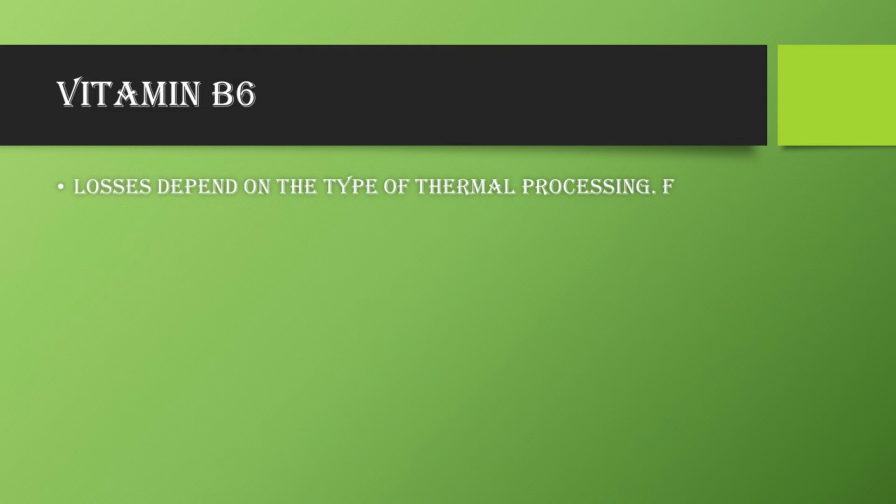B6 is susceptible to light-induced degradation, and exposure to water can cause leaching and consequent losses. Vitamin B6 is stable during storage. Wheat flour stored at either room temperature or 45 degrees C retained about 90% of the vitamin.